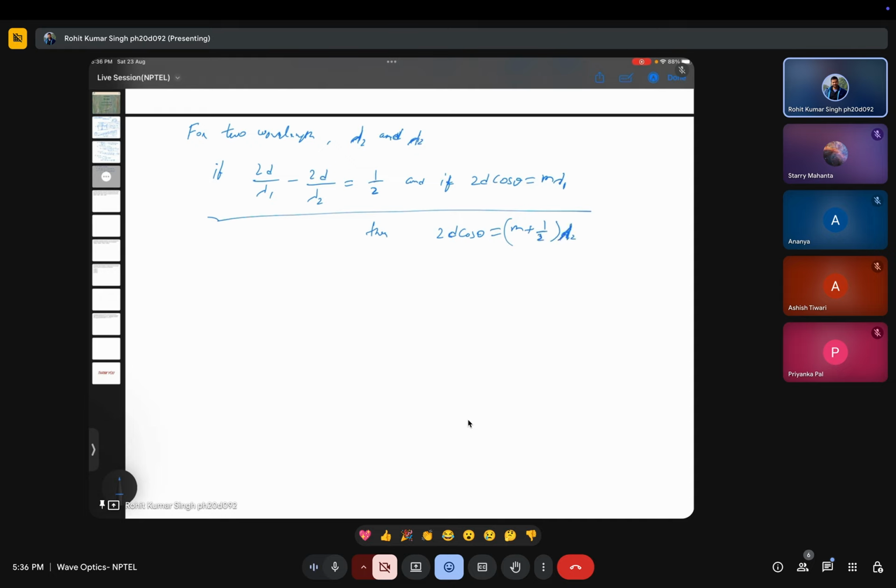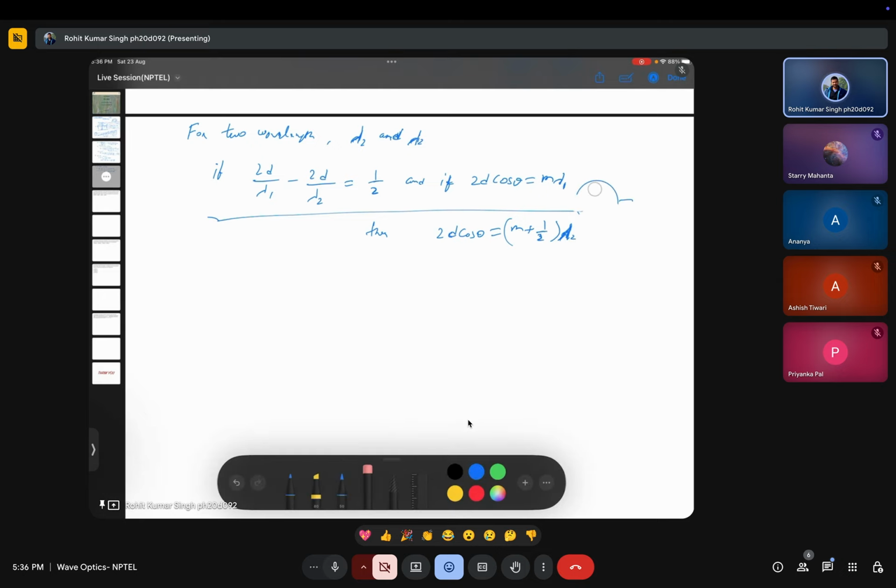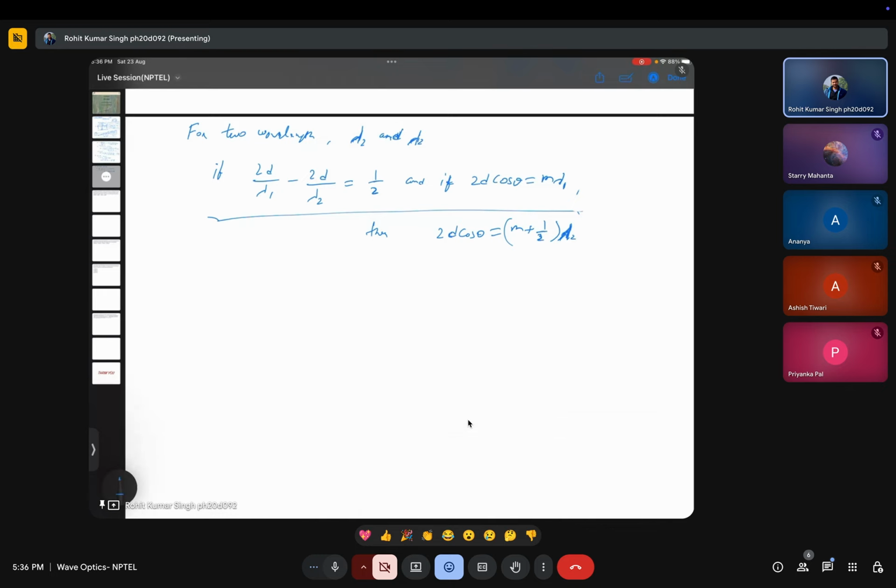Now what does it lead to? Can you guess? So this is the condition for minima and this is the condition for maxima, right?